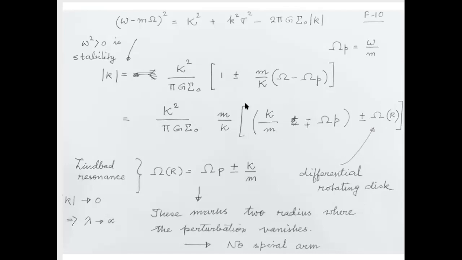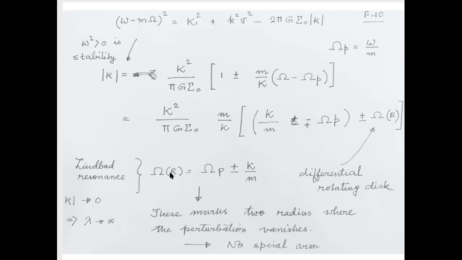So if I take this part only and set it to 0, then I get the condition that omega r equals omega p plus or minus k by m. If I take the plus solution, I get a radius for which this condition will be satisfied, because remember these quantities are constants, but omega is a function of r. k can also be a function of r.